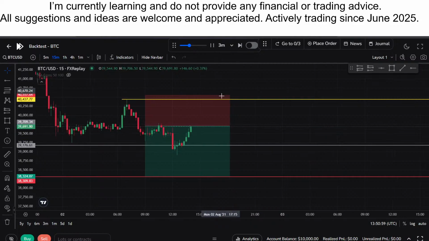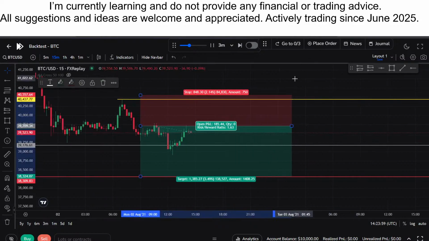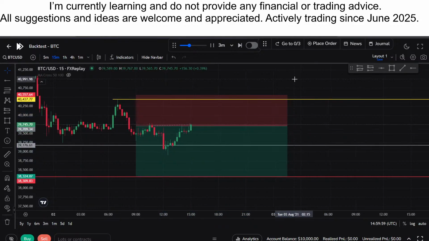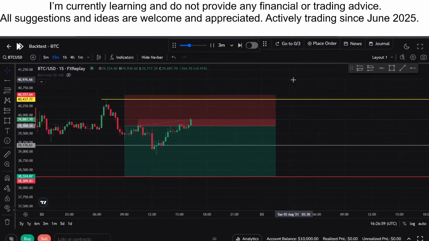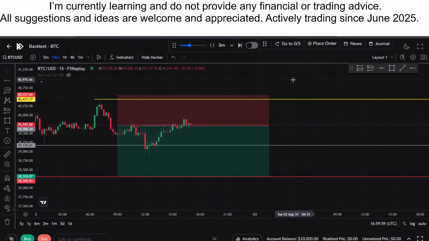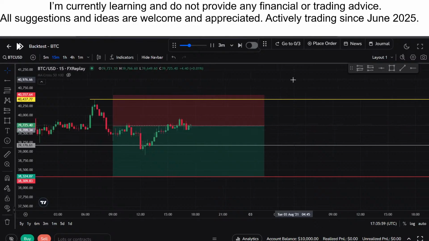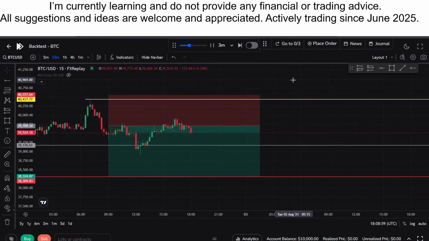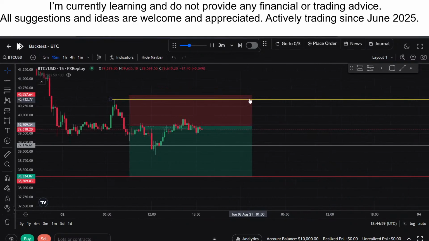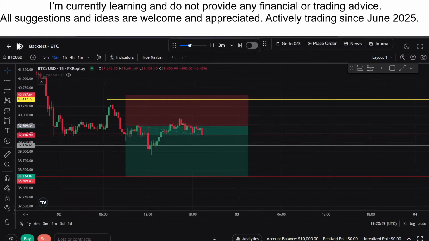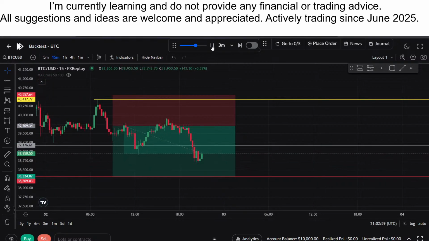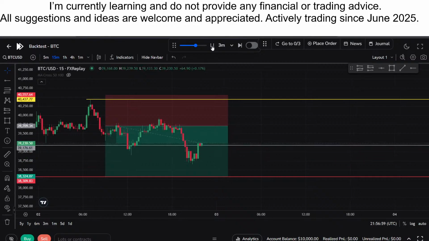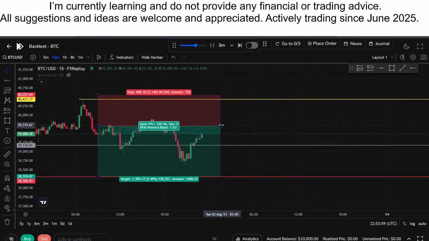Okay, it's going in the opposite direction, but I will still wait and see what happens. Faster. It's going to hit my stop loss, I think. Oh no, it's reversing.